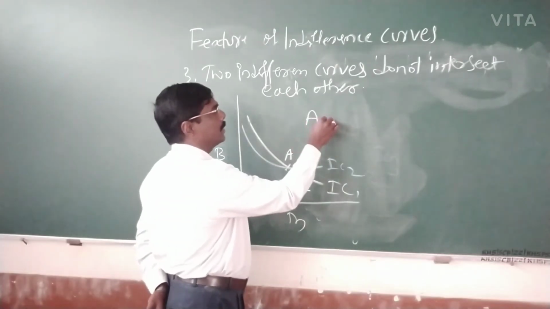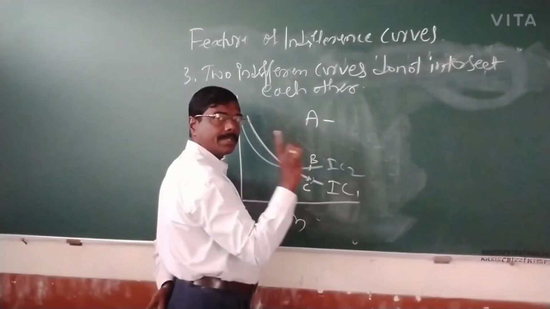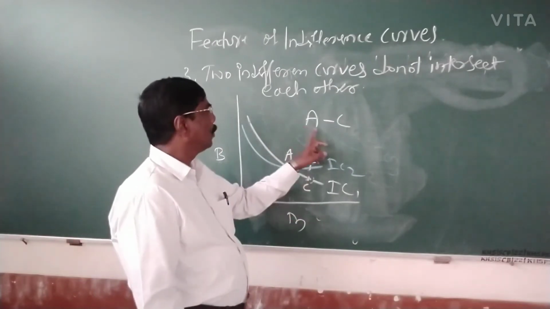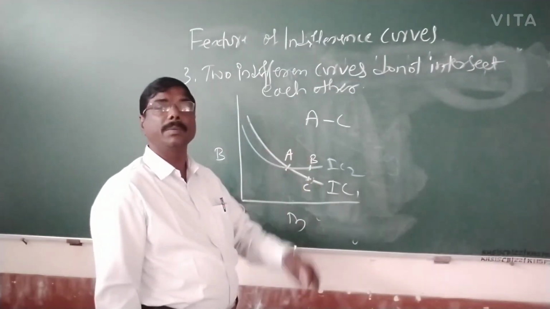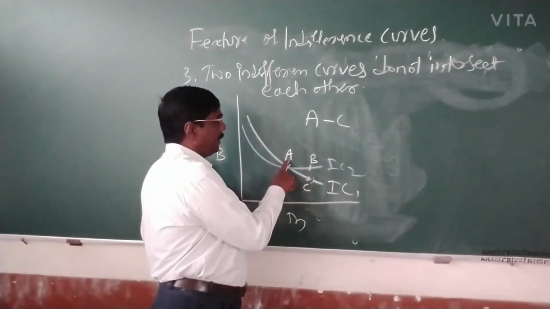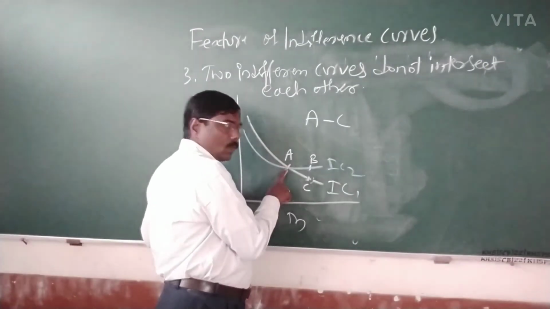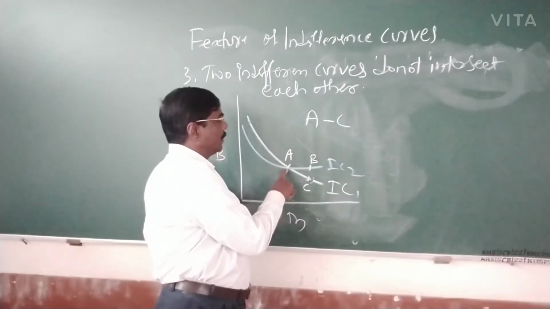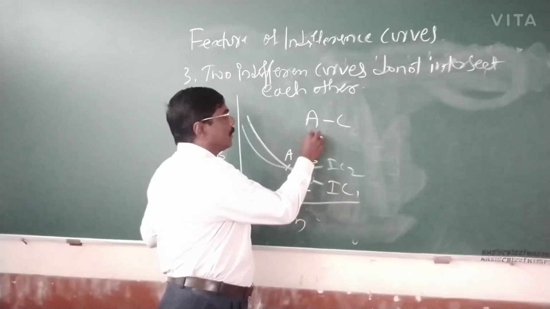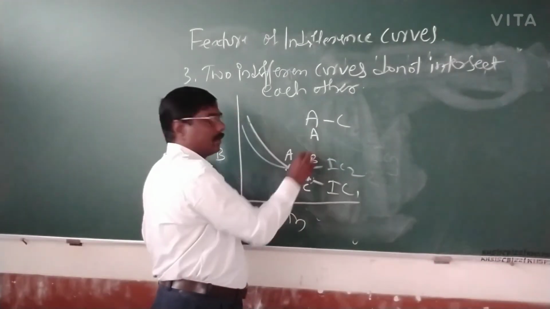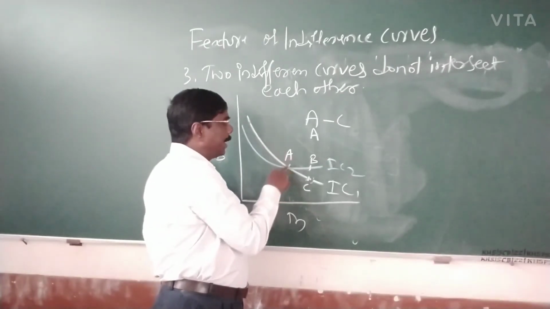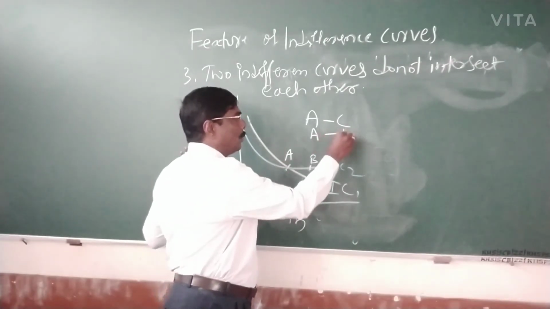Both A and C give the same level of satisfaction, and similarly A lies on IC2 and B lies on IC2. So the satisfaction derived from the A combination is equal to the B combination.